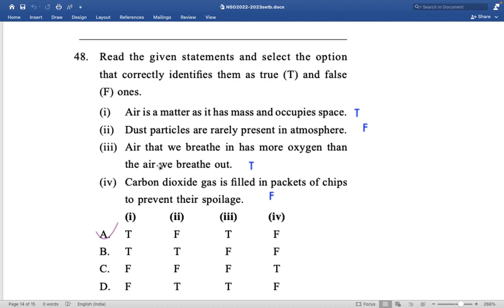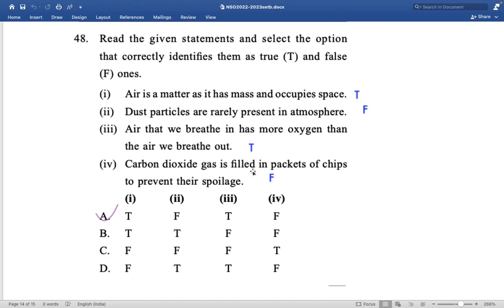Air is a matter as it has mass and occupies space. This is true. Dust particles are rarely present in atmosphere. This is false. Dust particles are always present in the atmosphere. The dust particles are full in air. Air that we breathe in has more oxygen than the air we breathe out.